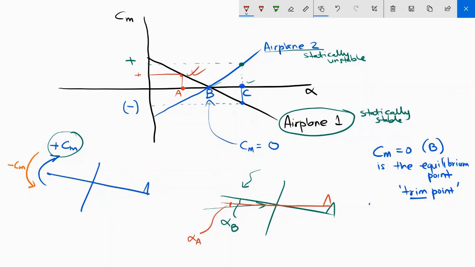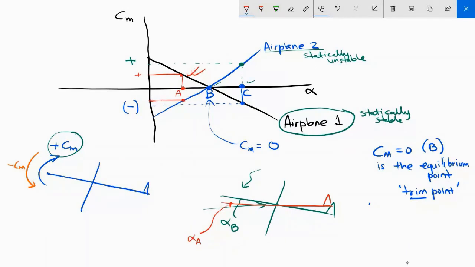Now let's try to understand how airplane 2 will behave. In the case of airplane 2, at this new angle of attack alpha A, a negative moment will be generated. Right, a negative moment will try to pitch the aircraft downward. So from alpha A, the angle of attack will decrease more.